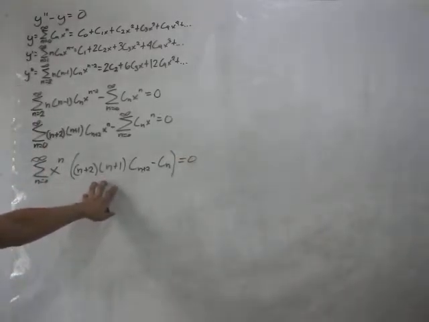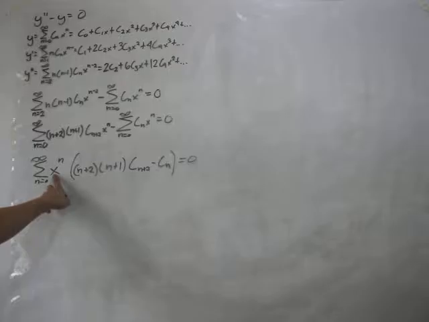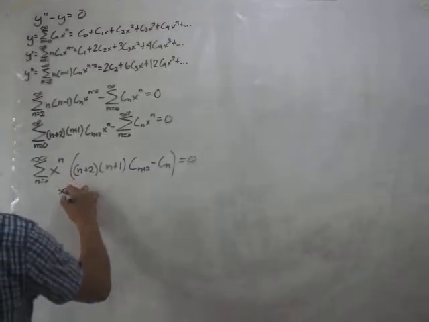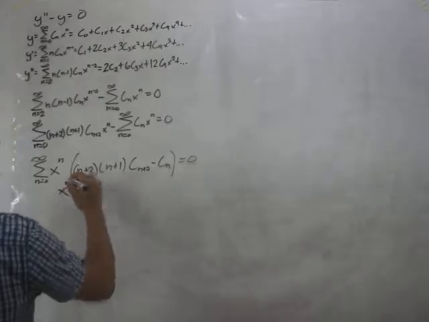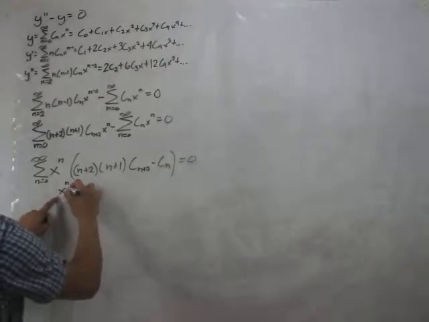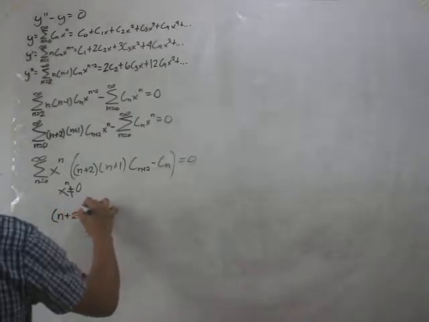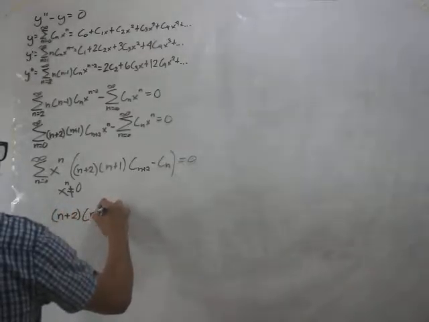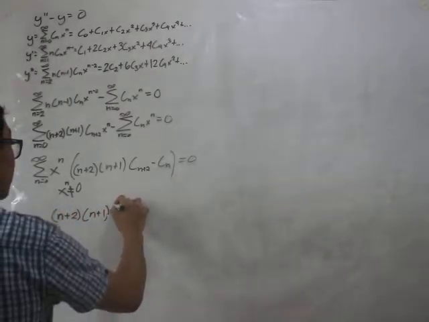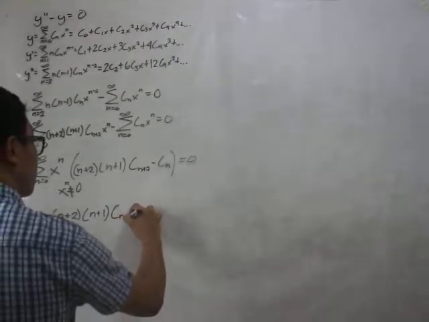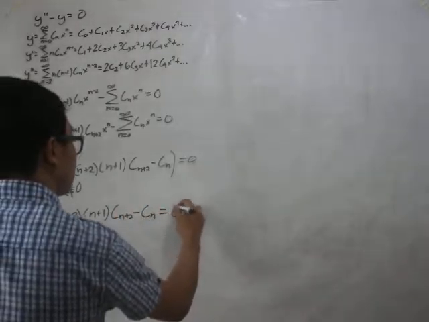For us to find the multiple numbers of n, we need to assume that x raised to n is not equal to 0. So that leaves us with n plus 2 times n plus 1 times c sub n plus 2 minus c sub n is equal to 0.